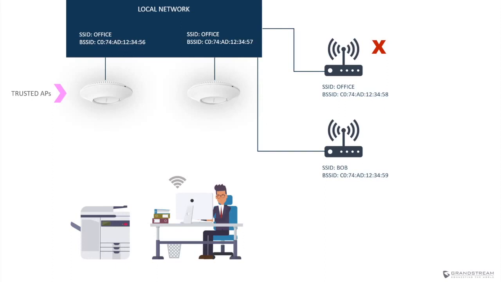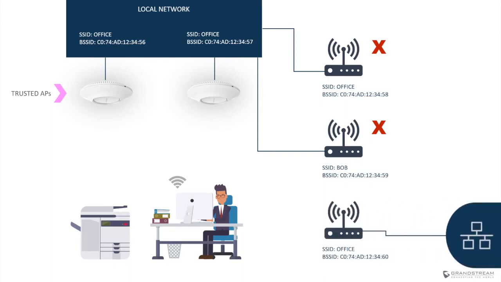Rogue AP detection on GWN7600 series will be able to detect such access points and prevent clients from connecting to them. Also, any access point that is broadcasting the same SSID used by the GWN AP will be flagged as a rogue AP if it is not listed in the trusted APs, even if the access point is not directly connected to the local network.